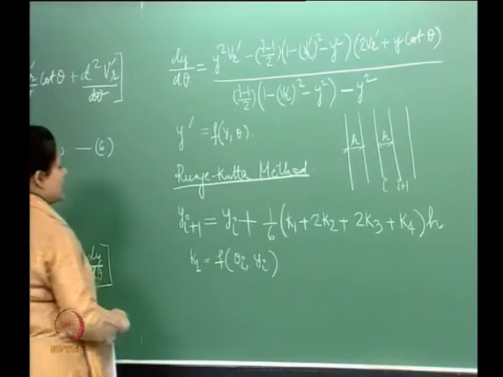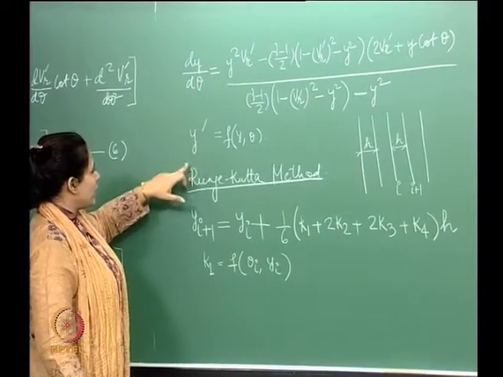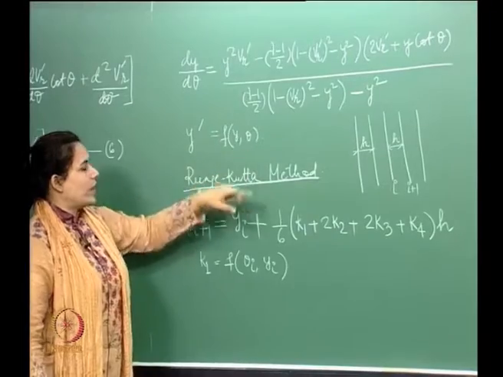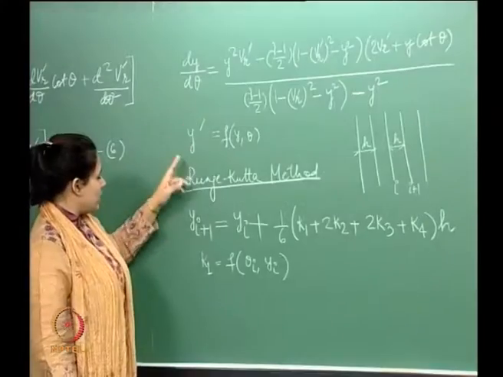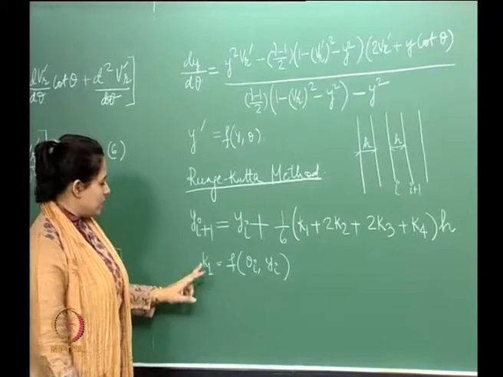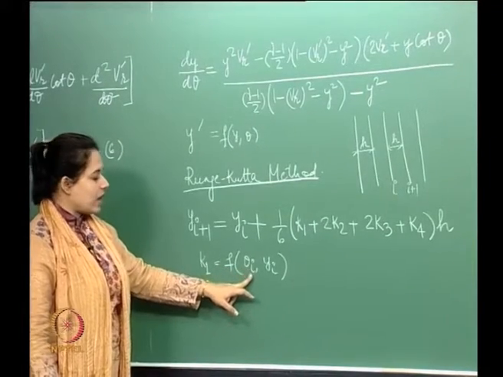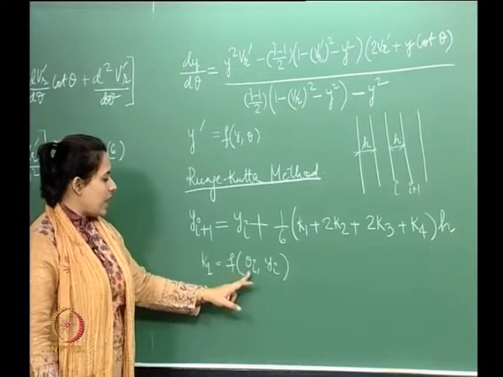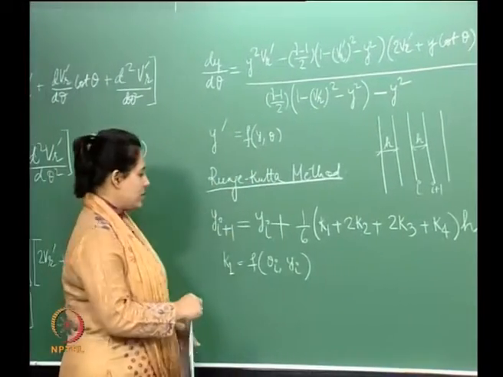Now, in this particular case, since y' is a function of y and theta, it is a function of theta_i and y_i. So this k1 is essentially the function of theta_i and the function at the point i.